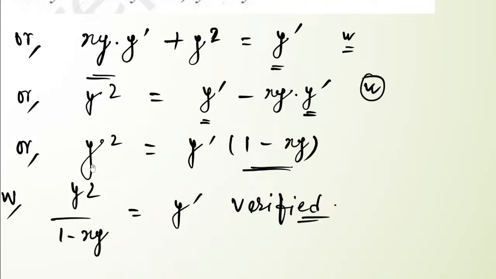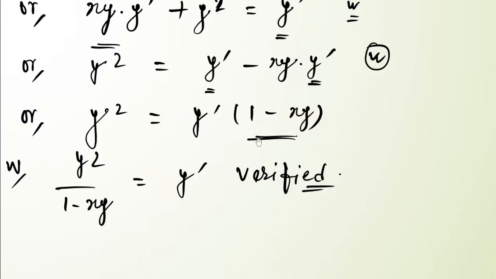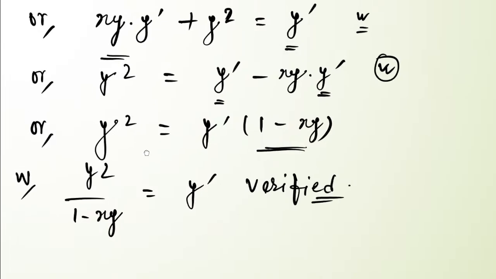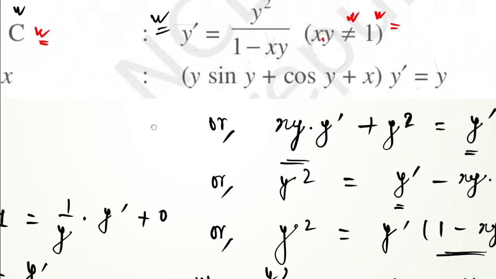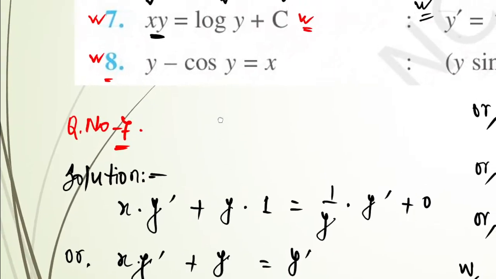In this step, we take the derivative of y common, then we get the derivative of y times (1 - xy). In the last step, 1 - xy moves to the left hand side, then we get y²/(1 - xy) = derivative of y, which is verified. There is no problem to understand the solution of this question.